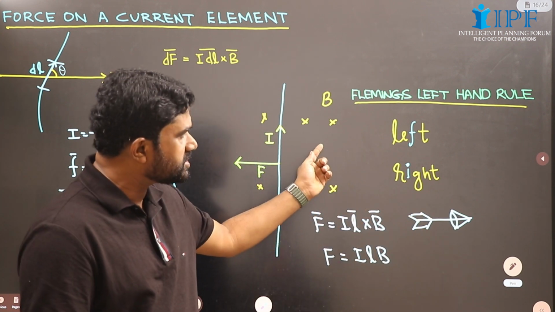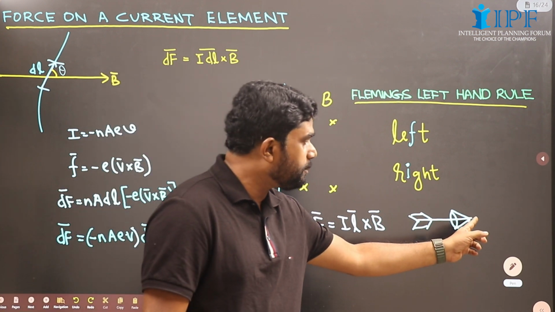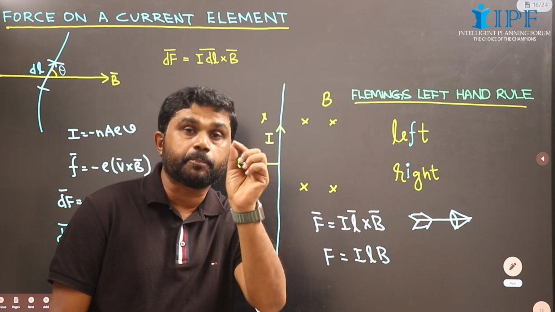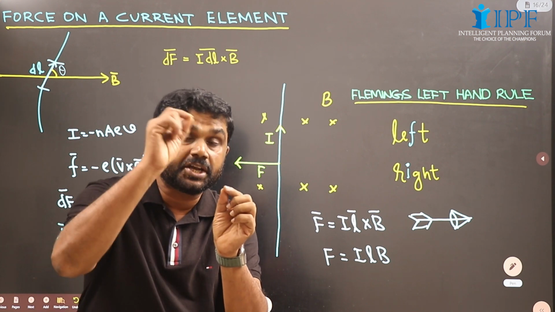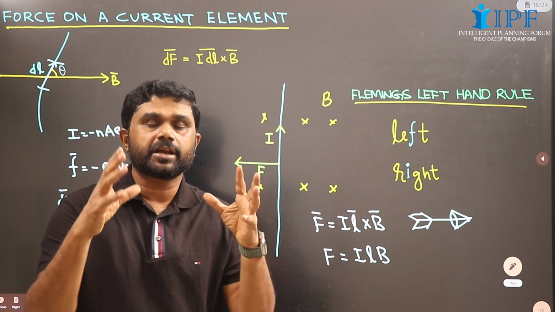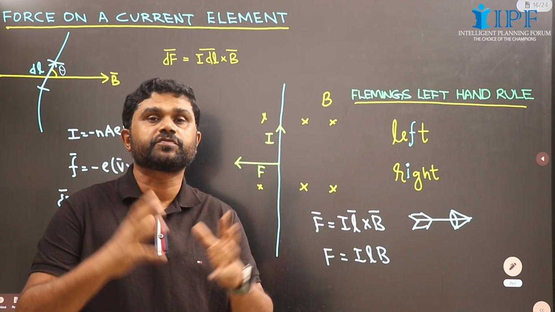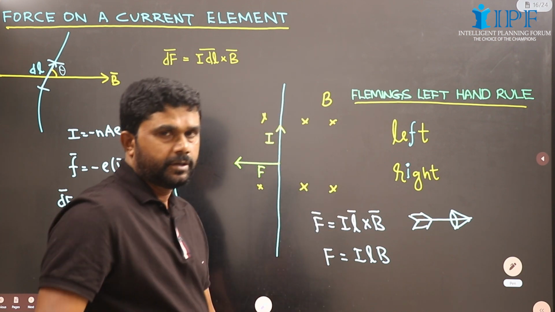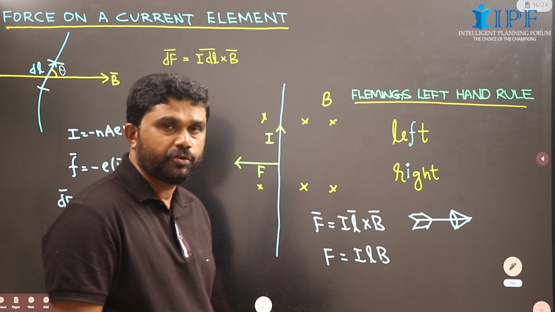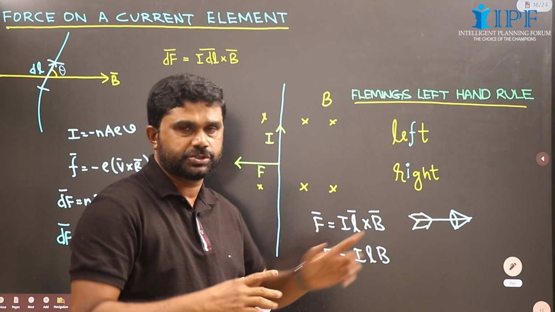Suppose the arrow is coming out of this plane. So only the tip of the arrow will be visible. That will be a point. So if the magnetic field is represented by dots, then it represents a magnetic field that is directed outwards or along the outward normal. If the arrow is going into the plane, see, only the back side of the arrow will be visible, means this part, that will appear as a cross.